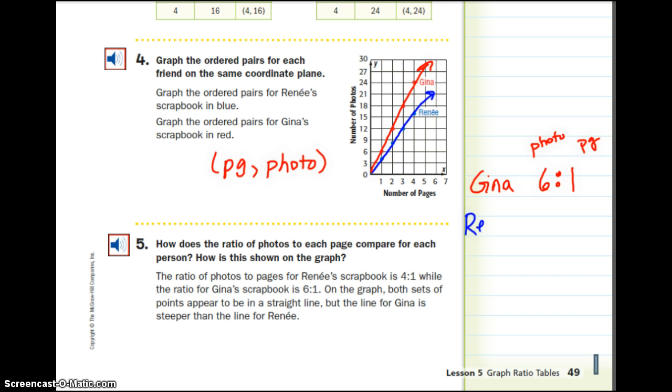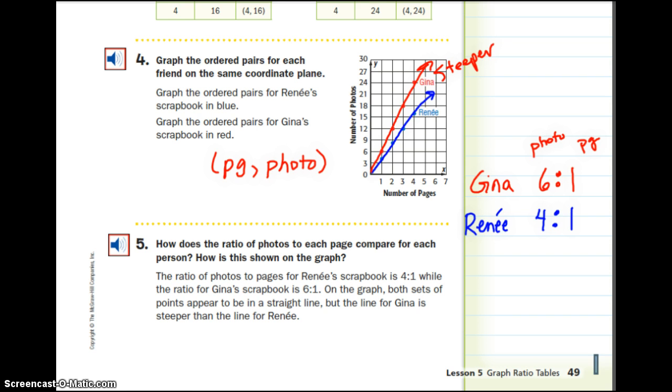Renee's does 4 photos in one page, and Gina's is steeper than Renee's. All right, let's move on.